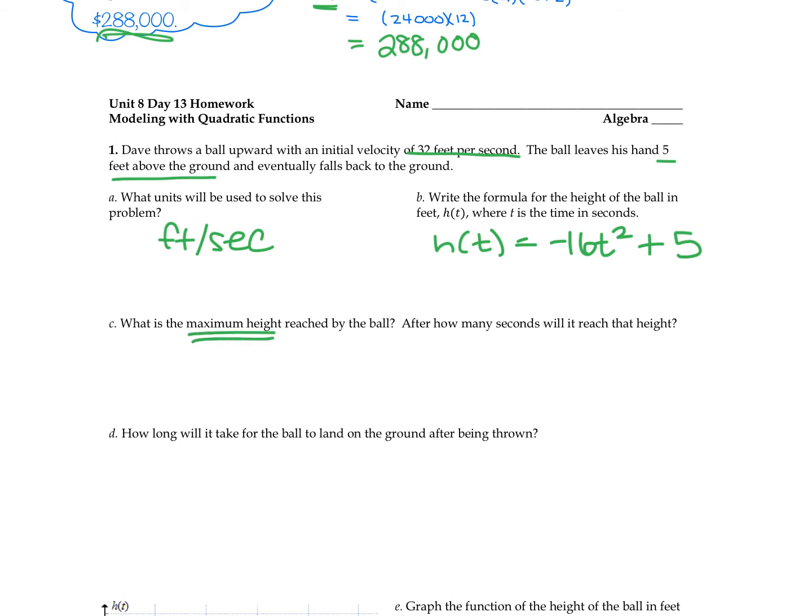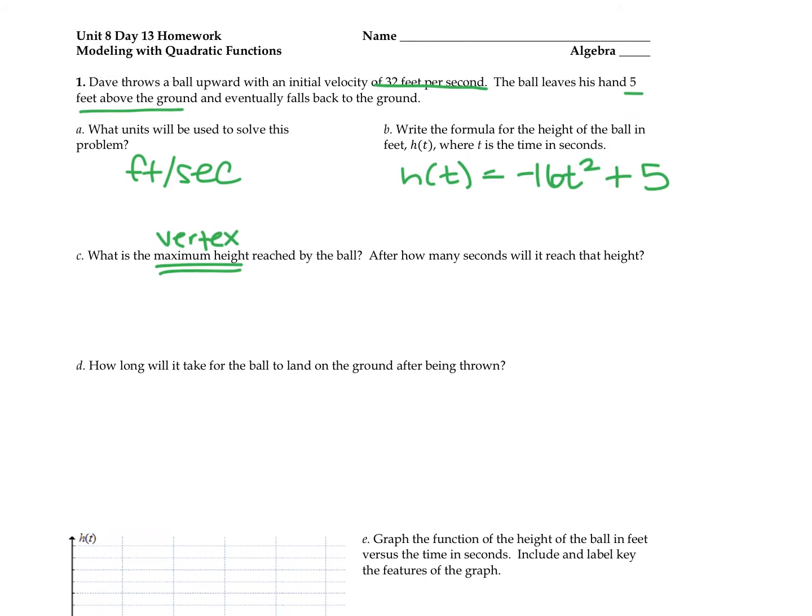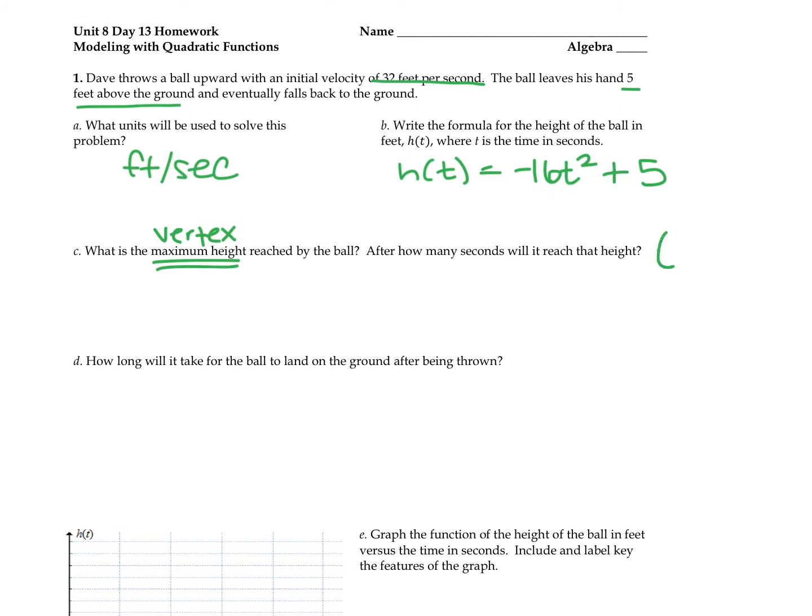So for our maximum height, you're going to find our vertex. And it says after how many seconds will it reach that height. So when you find your vertex, you can think of it as xy if you want, or t times our height. The first coordinate of the vertex will be our time. And then this should be your max height.